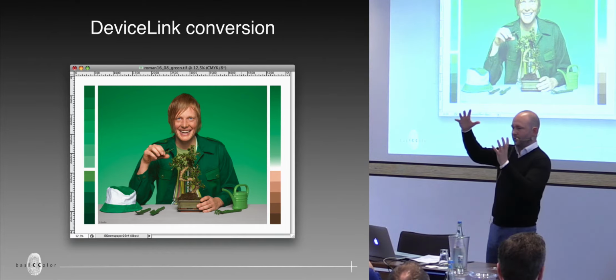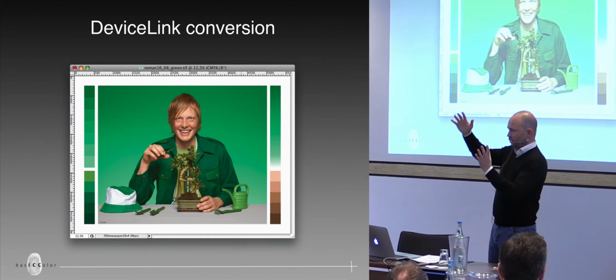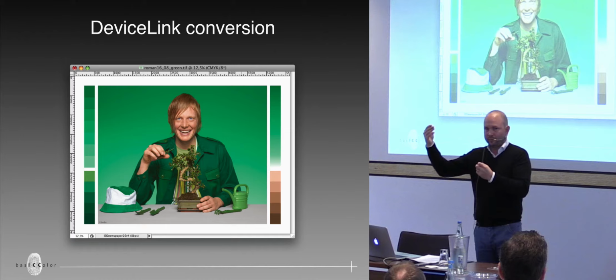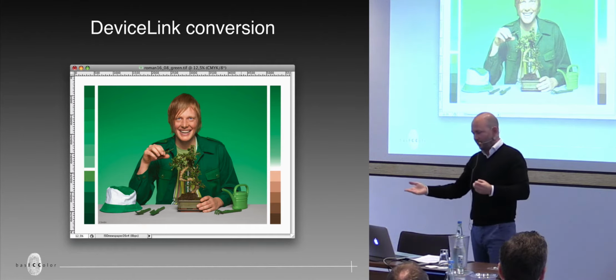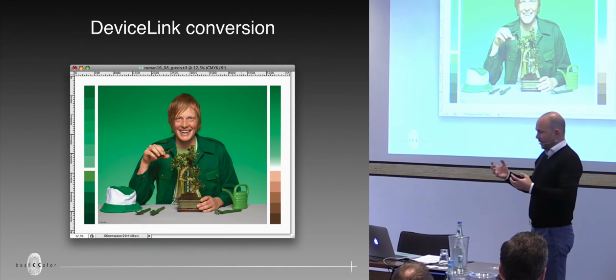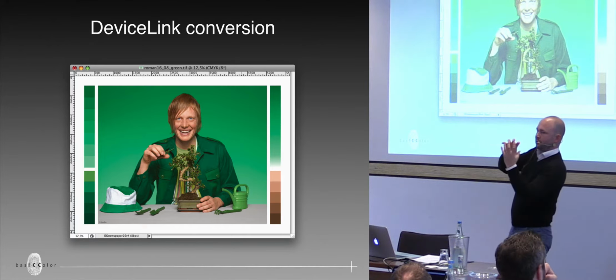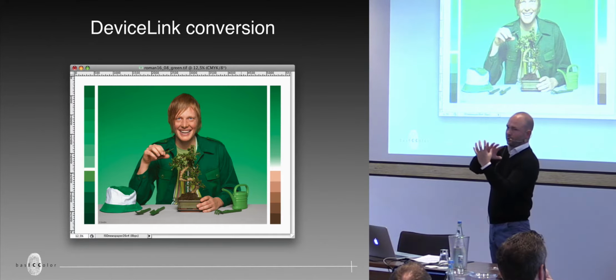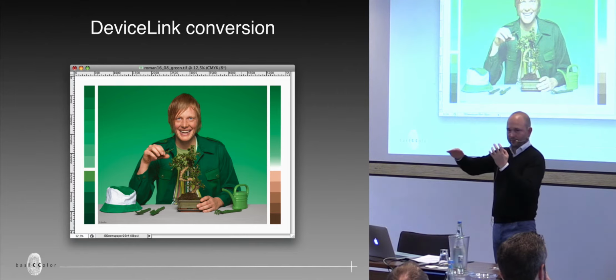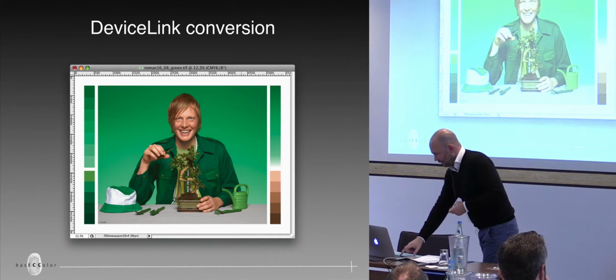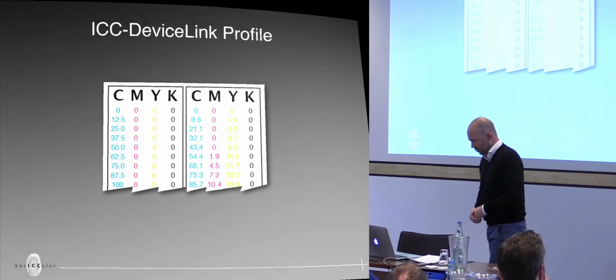The compression must be so strong that I do not get any clipping, but it's not so huge, the compression, like in the perceptual table. So a DeviceLink profile cares about the source color gamut and compresses just a little bit so that I don't get any clipping. That's one advantage of ICC DeviceLink technology.